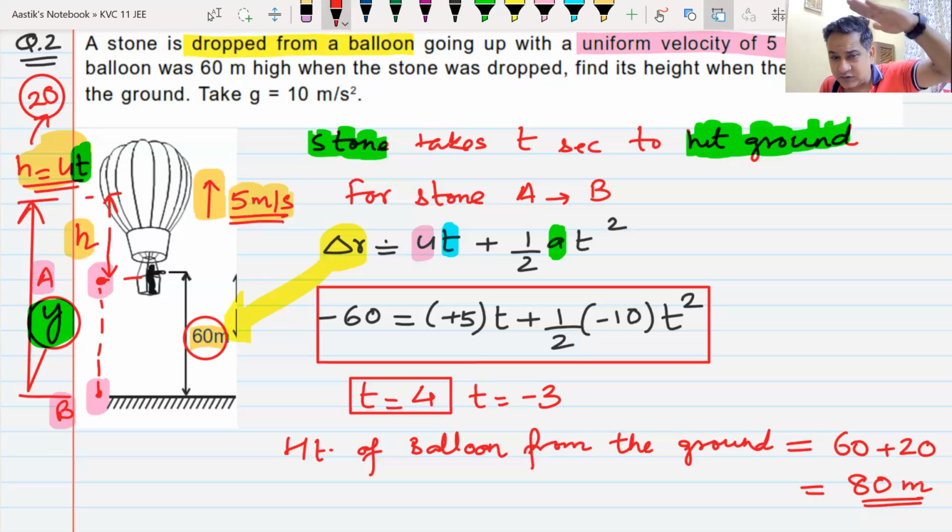Displacement is minus 60 because the stone is initially at the highest point and it is moving downward, so displacement is negative. The initial velocity of the stone is the velocity of the balloon, that is 5 in the upward direction. Acceleration is 10 in the downward direction. I put the values, I get the value of time. Then I find out how high the balloon would have risen, u into t. Balloon is moving with a uniform velocity. I add it with 60 and I end up with my answer.